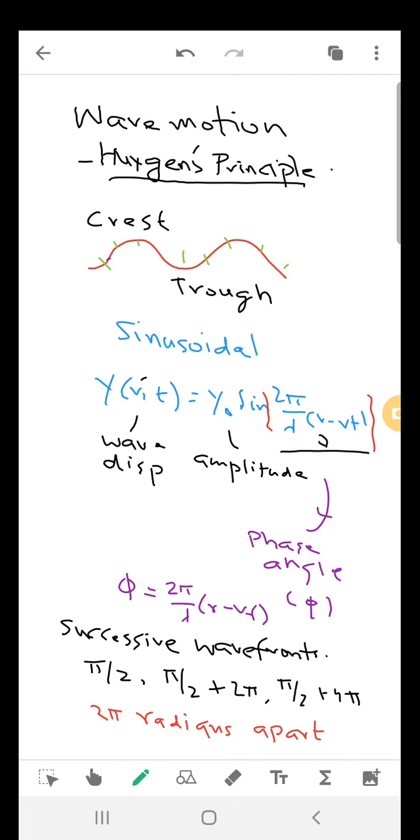And sin phi for all these wavefronts should be equal to 1.